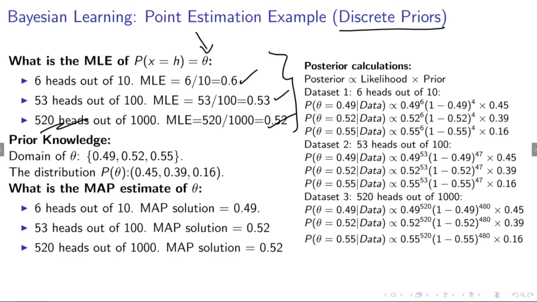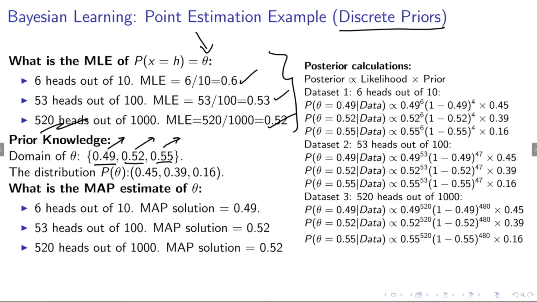Suppose now in the Bayesian learning context, you have prior knowledge, and the prior knowledge says that theta can only take 3 values, which are 0.49, 0.52, and 0.55. This is one way of saying that I believe the coin is not that biased. It's closer to 0.5 as compared to, let's say, 0.8, where 0.8 would be a biased coin and 0.5 would be an unbiased coin. So we'll assume that these are the 3 values that theta can take.